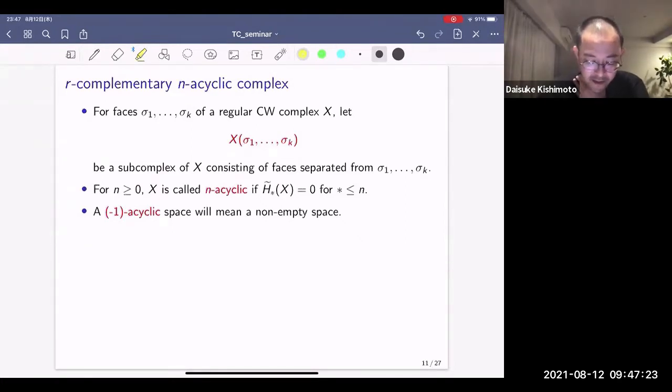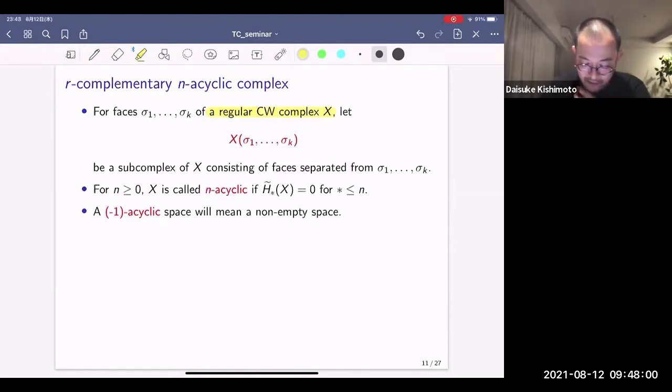We take a regular CW complex X. For faces sigma 1 to sigma k of this regular CW complex, where face means the closed cell, not open, let K_X(sigma 1, ..., sigma k) be a subcomplex of X consisting of faces separated from sigma 1 to sigma k.